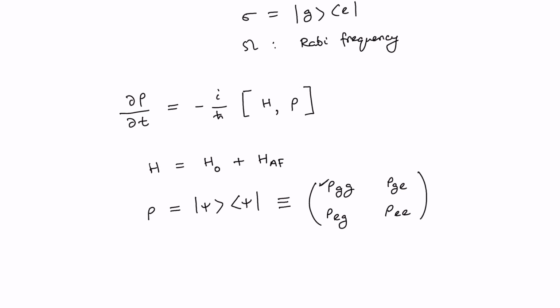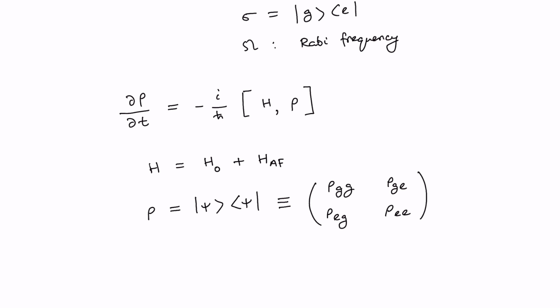Now you just see here that I am writing the ground state in the upper row. We have to keep this in mind, because in some representations we may write the first row, first column element by the excited state term, but I am now writing the ground state part first. So I am going to stick to this convention here. Once I choose this one, then accordingly I will also represent the Hamiltonian later on, as you will see when I'm writing it.